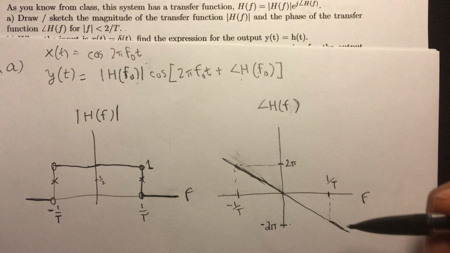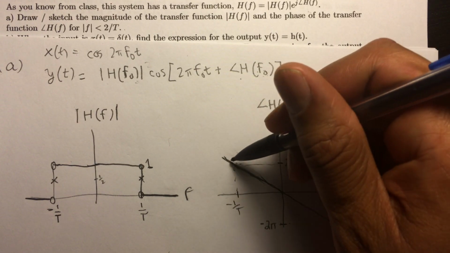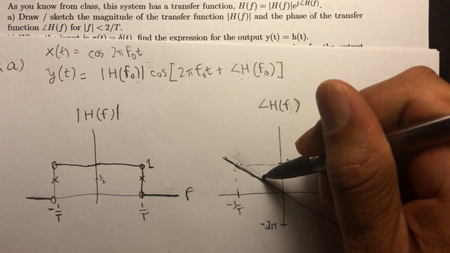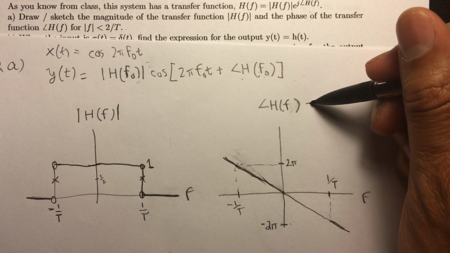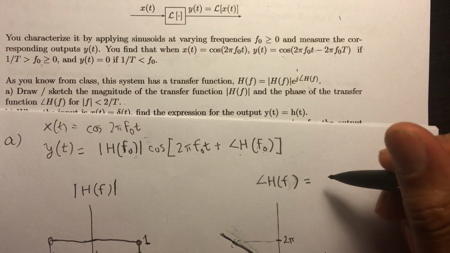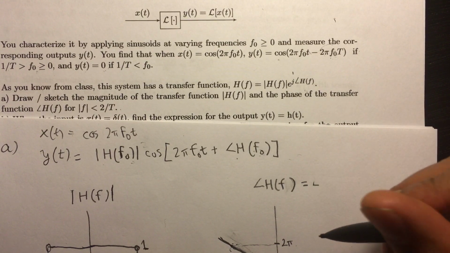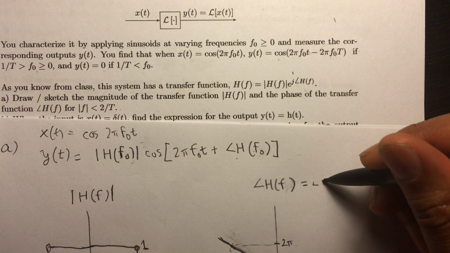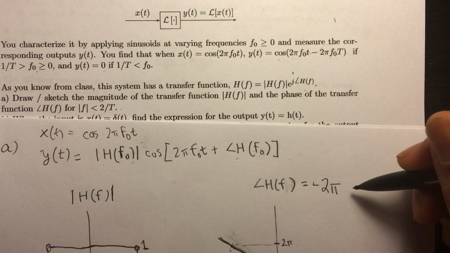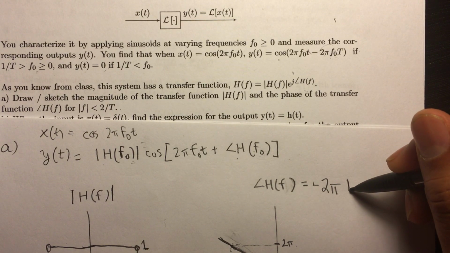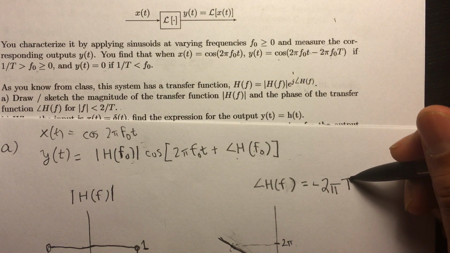So let's just define it as being a linear phase, right? If we draw the equation for this, you can convince yourself that this is equal to minus 2 pi t f.